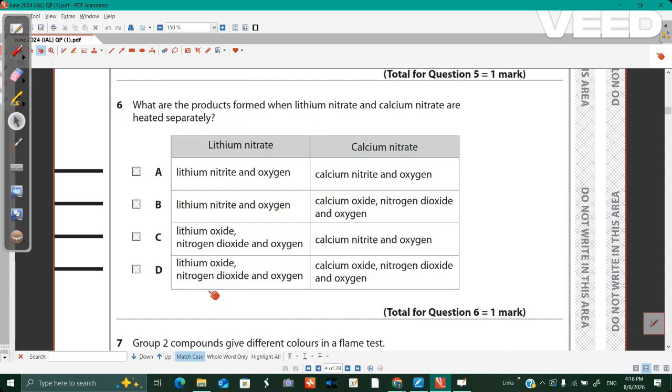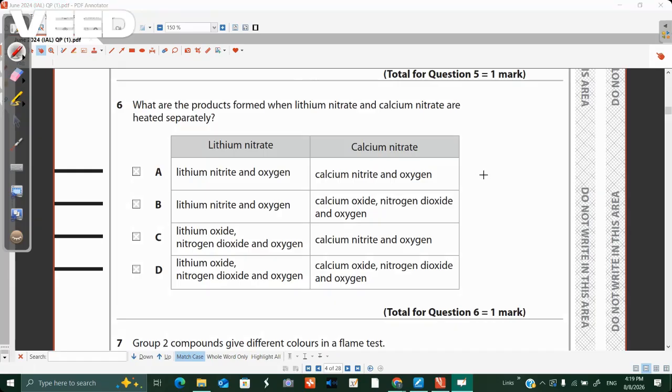After lithium, you have sodium, potassium, rubidium, cesium, francium. So when their nitrates are heated, what product do you get? Nitrites, right? Group 1, you are getting nitrites. But in group 2, you are getting what? Oxide, right? Group 2 metals are giving oxides, right?